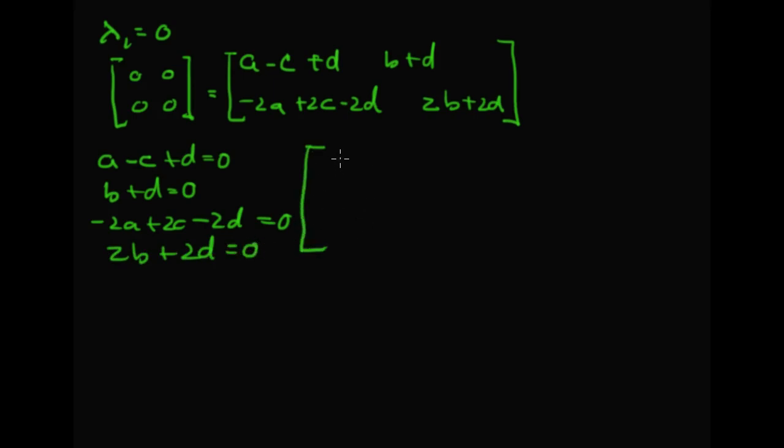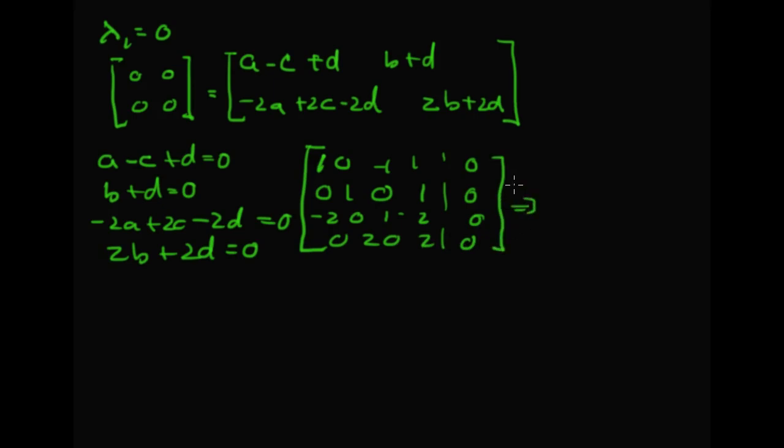So the augmented matrix here is just going to be 1, negative 1, 1. Sorry, there's a 0 for the B there. 1, 0, negative 1, 1, 0, 0, 1, 0, 1, 0, negative 2, 0, 1, negative 2, 0, 0, 2, 0, 2, 0.